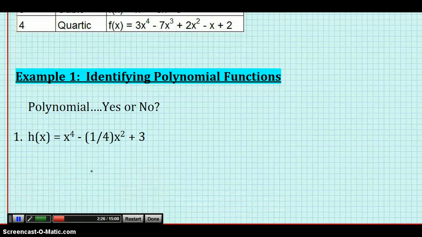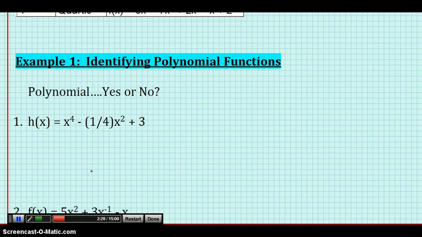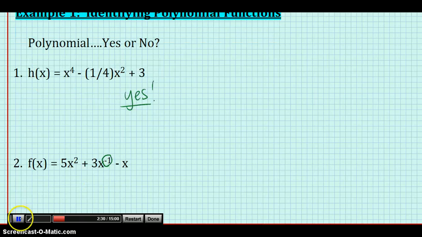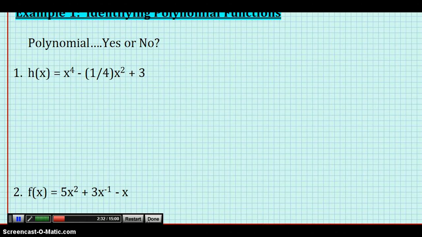So first thing we're going to do is just identify, is this function a polynomial, yes or no? One way to decide if this is a polynomial is to look at the exponents. Remember, we just talked about if this is a polynomial, all the exponents are whole numbers. So if we look at all the exponents here, we have a 4, a 2, and believe it or not, there's an x to the 0 power hanging out with this constant because we just learned that anything to the 0 power is 1.